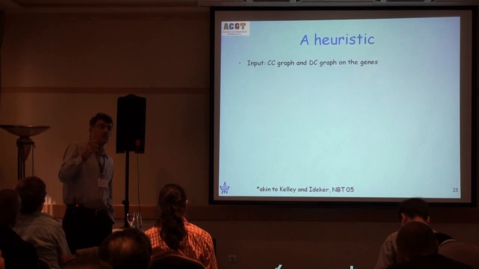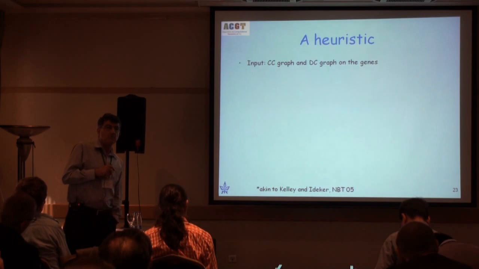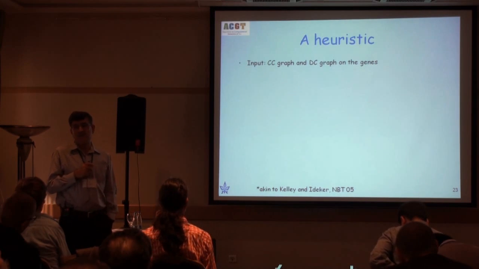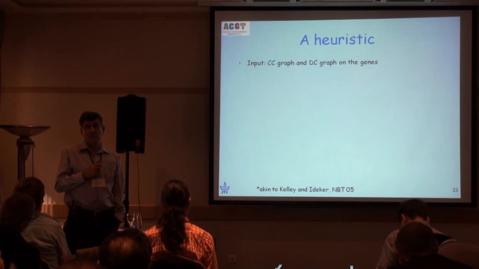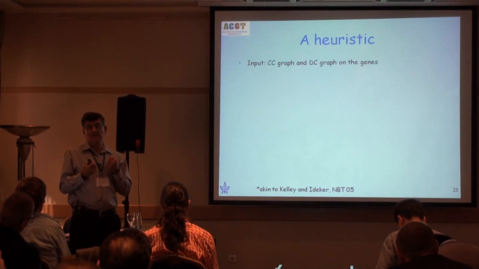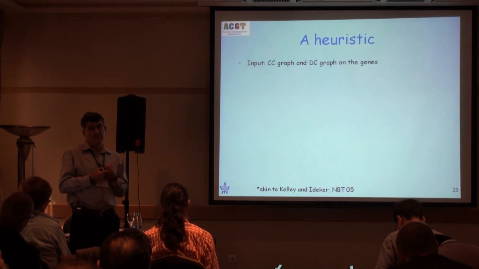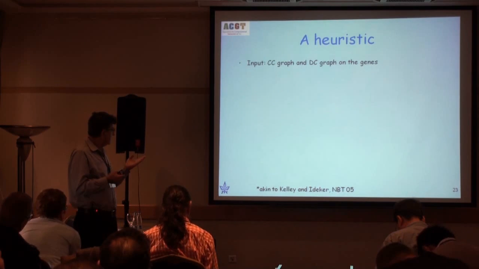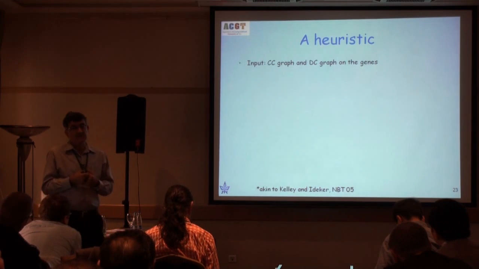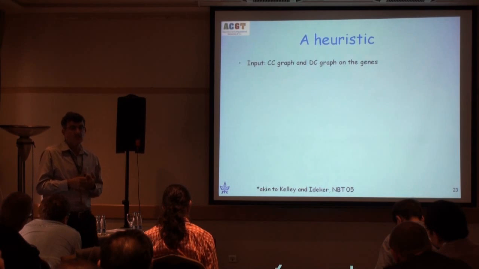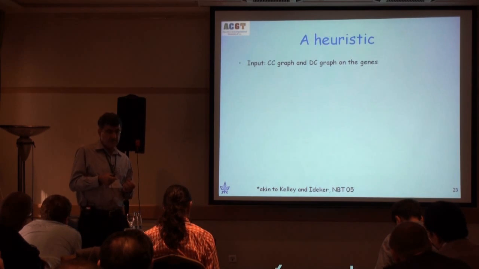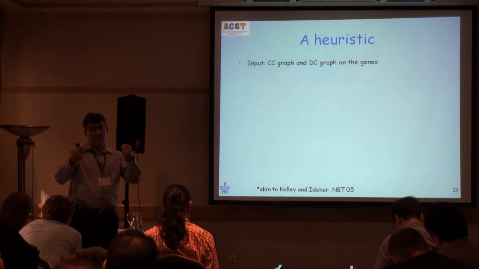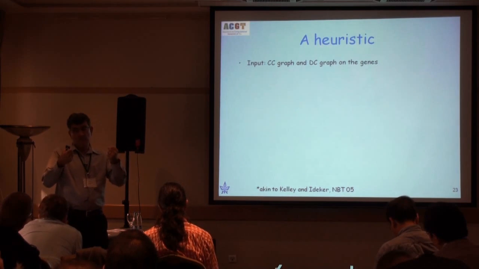Those of you who have come across the work on genetic interaction data will feel familiar with this object of a meta-module. And indeed, it comes up in the work that was done in Trey Ideker's lab and later on in my group with Igor Ulitsky. So you have two graphs.